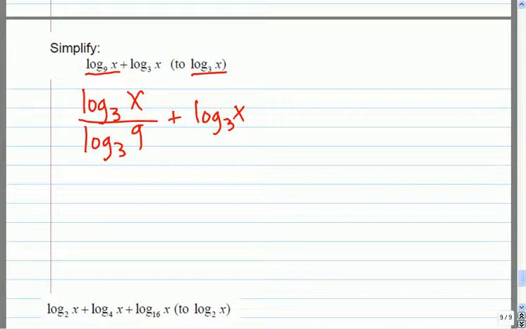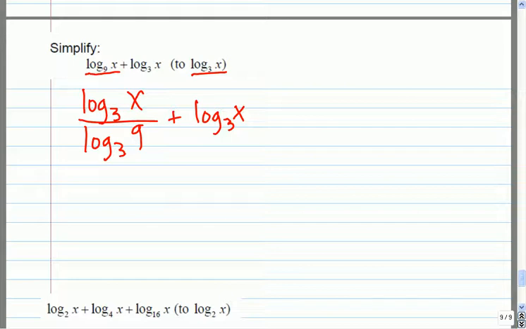Now, is there anything else we can simplify? Nothing jumps out at you? Two times log base 3 of x.